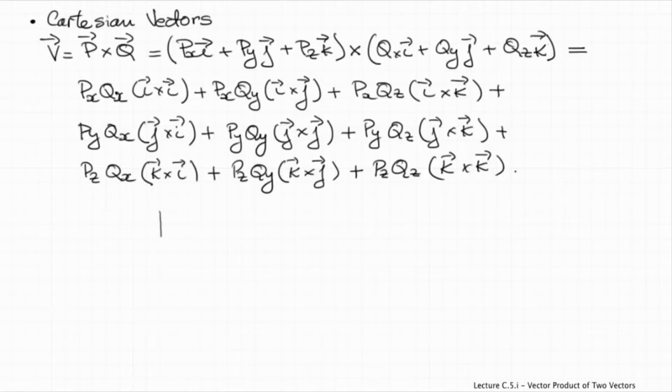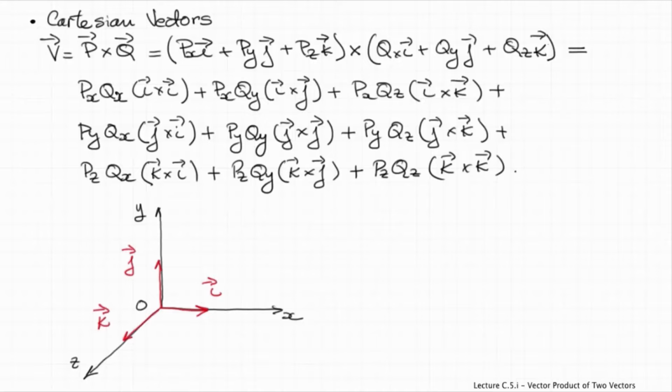So let's see if we can figure out what these cross products of the unit vectors mean. Take the system of coordinate axes and represent the three unit vectors i, j, and k along the three axes. If we cross, for example, the unit vectors i and j, rotating i over j using the right-hand rule, the result will be positive k.